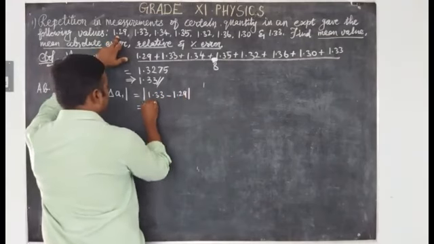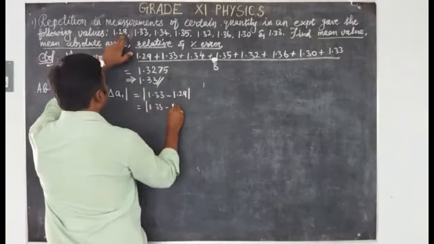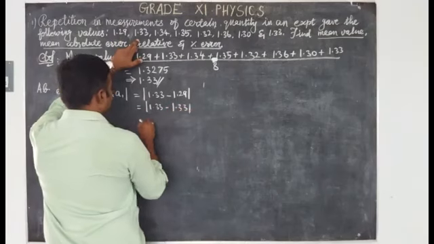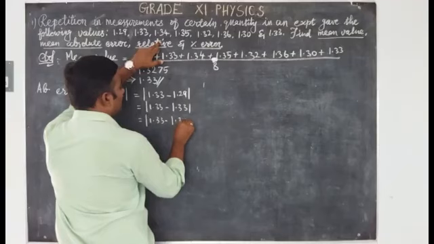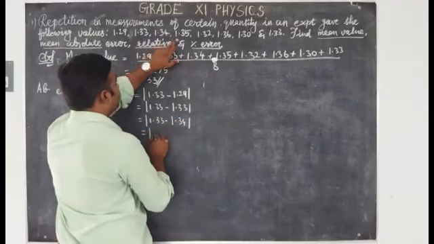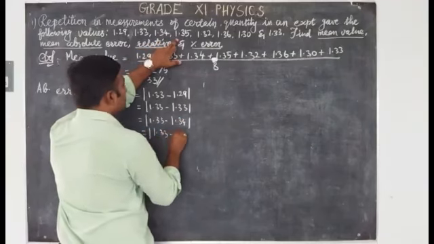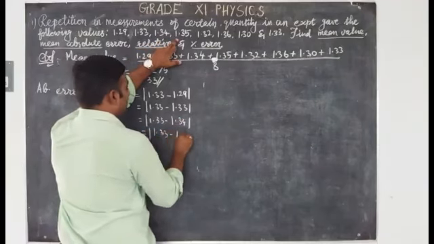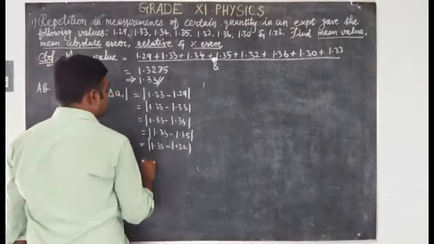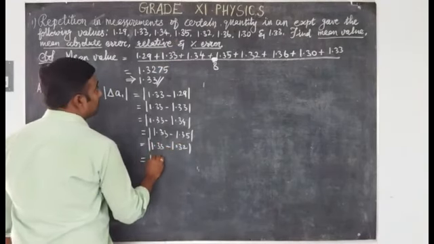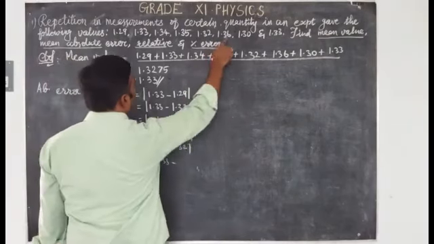Similarly, second value, 1.33 minus 1.33. Third value is 1.33 minus 1.34. And the fourth value is 1.33 minus 1.35. Then fifth value is 1.33 minus 1.32. Then sixth value, 1.33 minus 1.36.